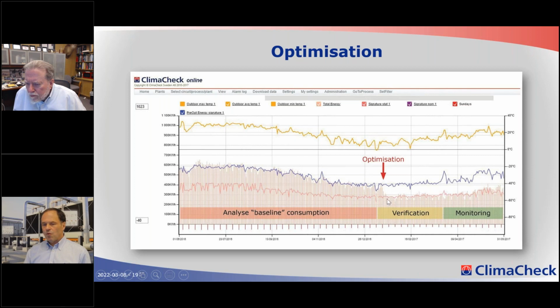And when I then do some measures to optimize this and reduce my energy consumption, I get a new energy signature. The difference between these two is the energy saving I achieved, taking the different operating conditions into account. So this becomes a very powerful tool, both for optimization and for catching if I have a deviation.